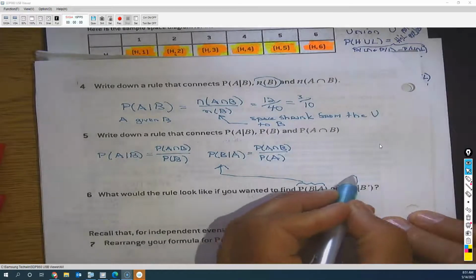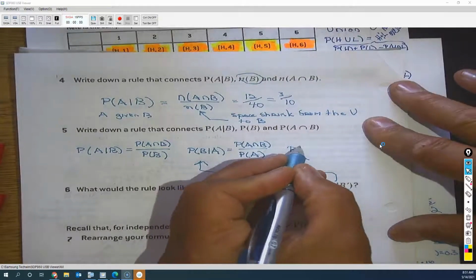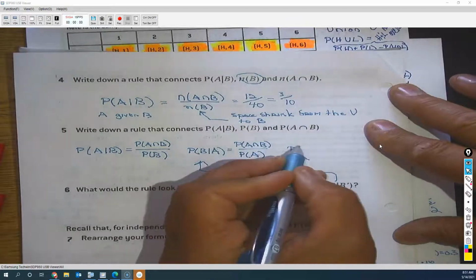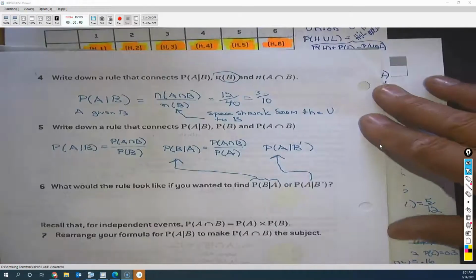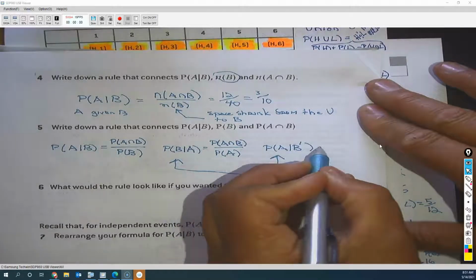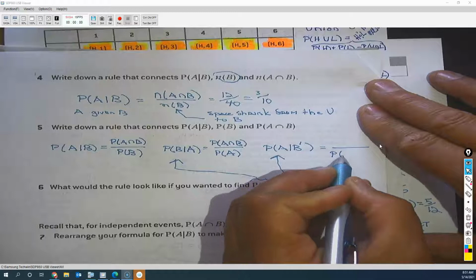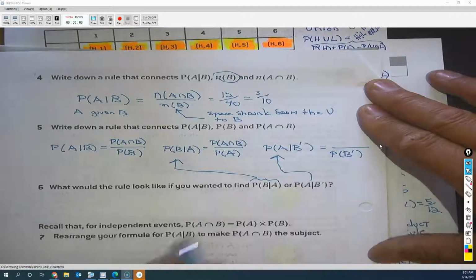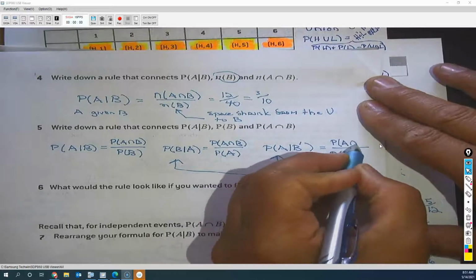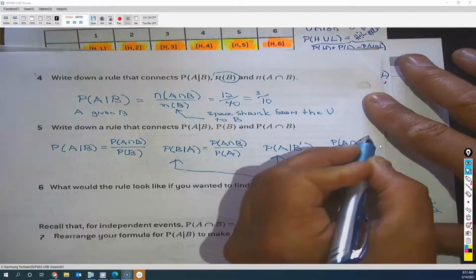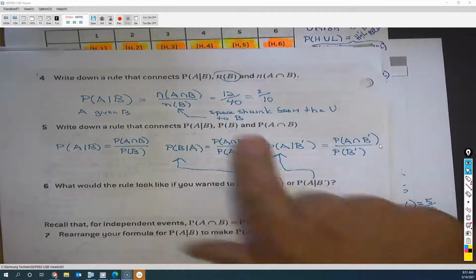And then the last one, this would be the probability of A given not B. So now your denominator is the probability of not B, and this is the probability of the intersection of A and not B. Okay, so these are your rules.